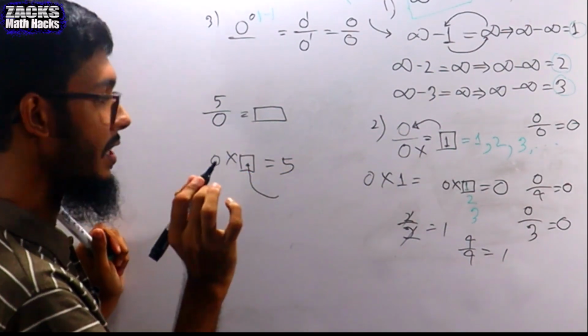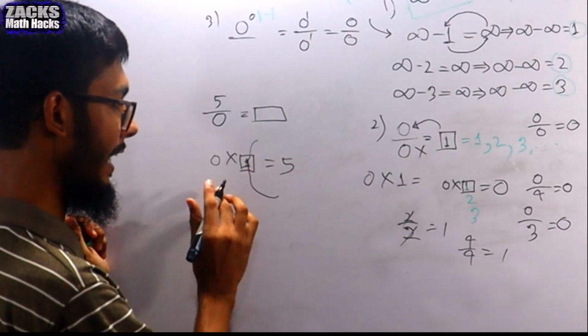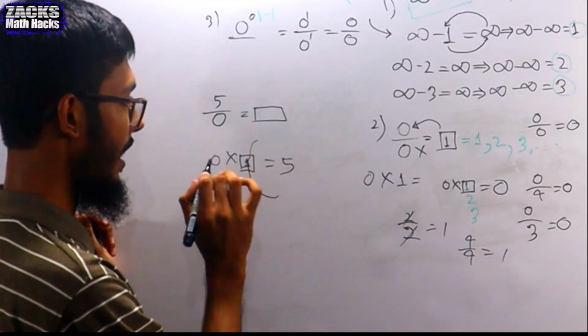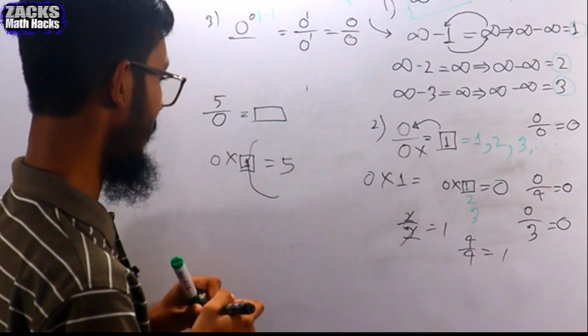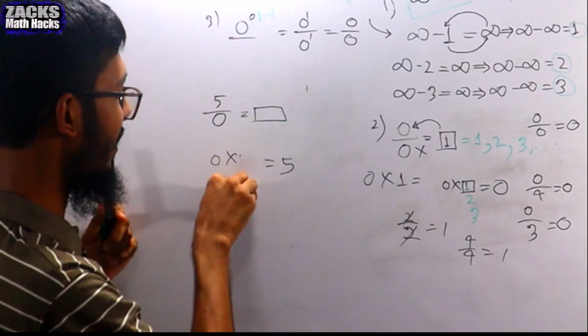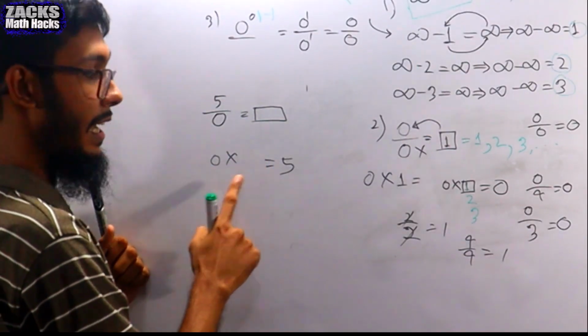What is the result of this expression? If I put here 1 and if I get the value 5, then this is our result, right? Now tell me any value, so that if I multiply it with 0, the result will be 5.